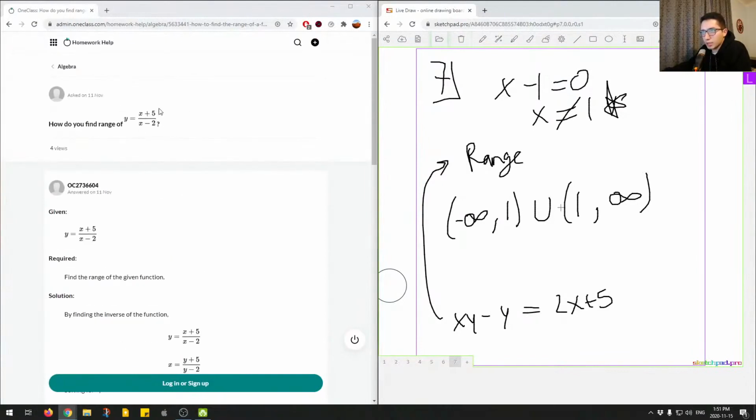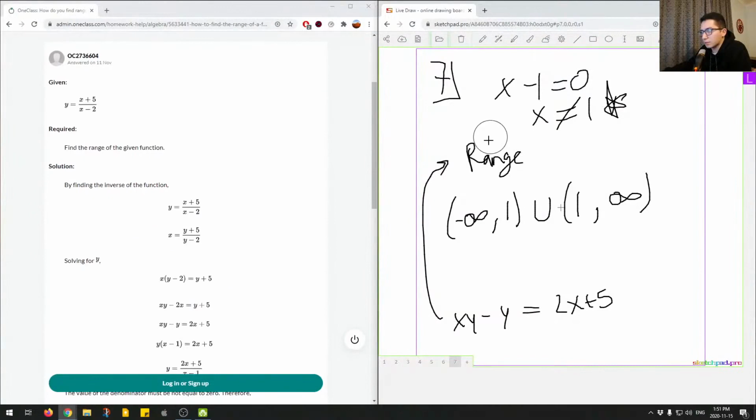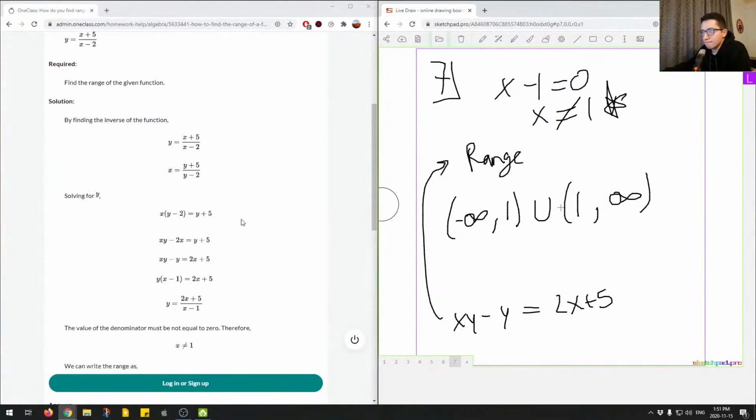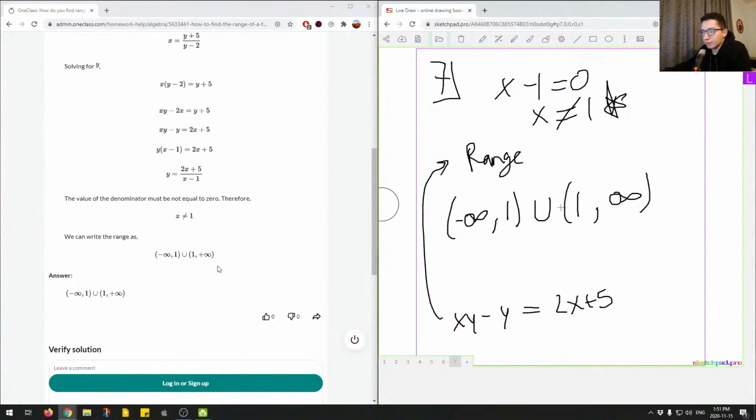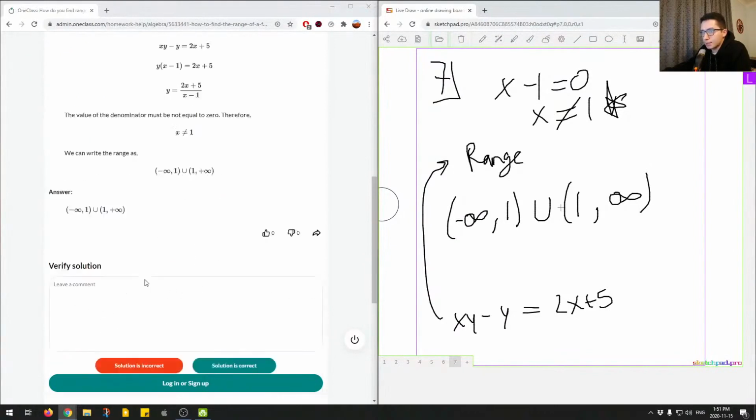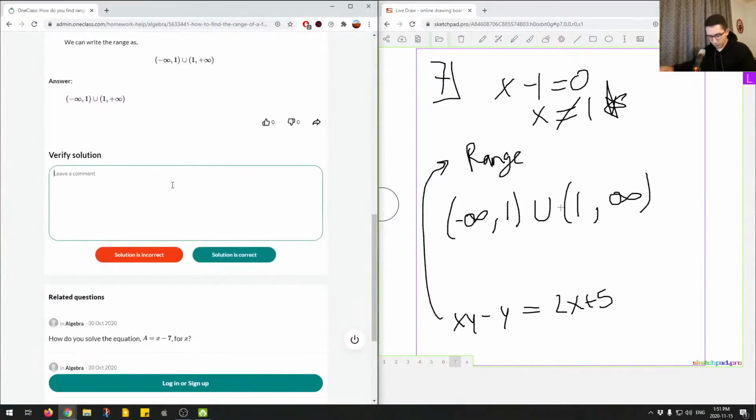So the range of this original function is this down here, and this is our answer. Great job, correct answer. We'll mark this question as correct and move on to the next question.